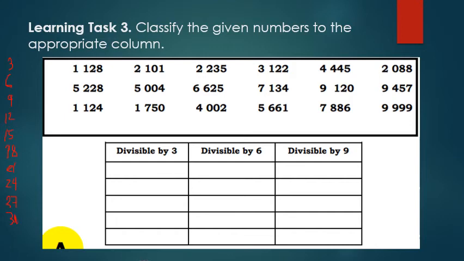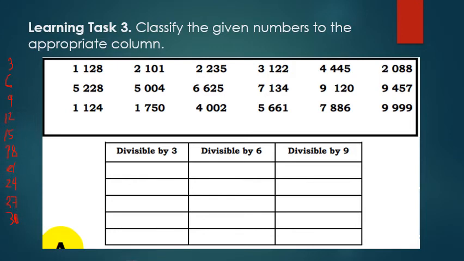Okay, so pag pinag-add natin lahat yung digit, kapag nandyan po yung ating sagot, siya po ay divisible sa 3. So itong 1,128. So 1 plus 1 is 2, plus 2 is 4, plus 8 is 12. So nandito po ba yung 12? Yes, ito po siya.